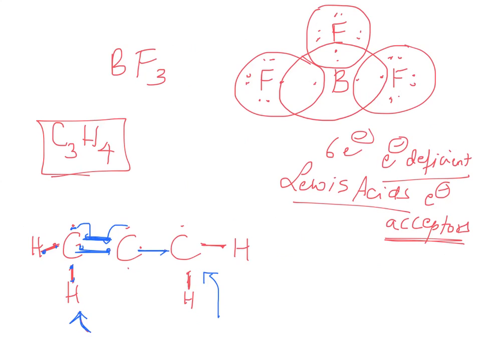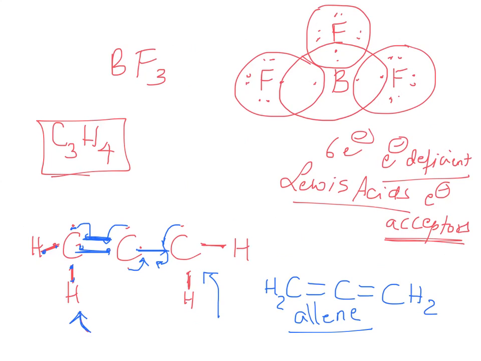Likewise, you will form 1 single bond, and then another one will be formed by bringing these 2 electrons together. So your structure will look like C double bond C double bond C, and an H2 over here, and an H2 over here. This kind of structure, where the central carbon forms a double bond on each side, is what is called an allene. And for more details, grad school first semester.